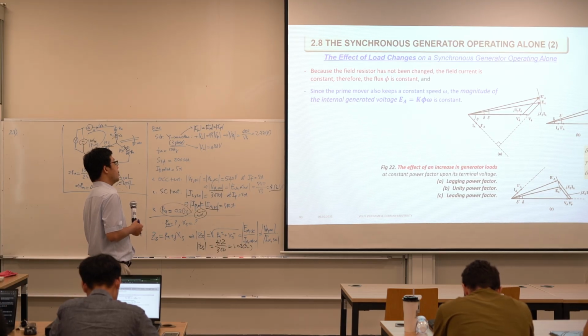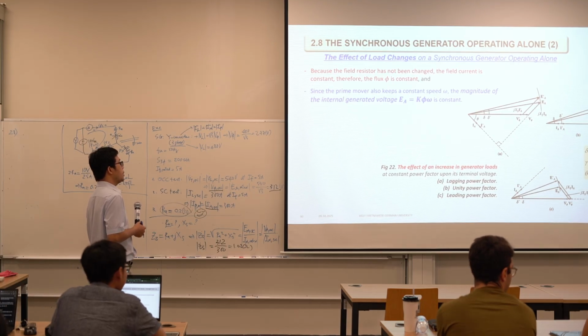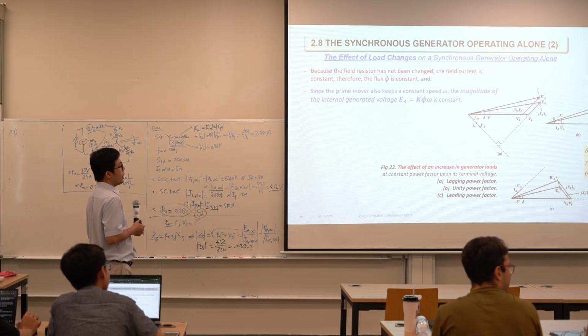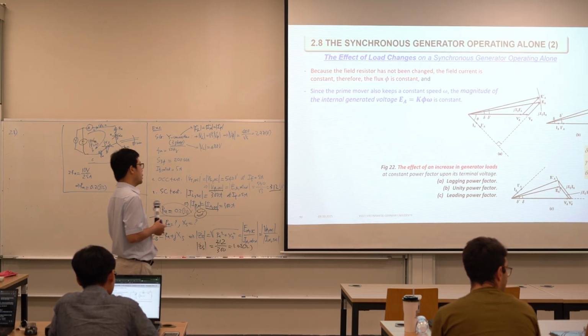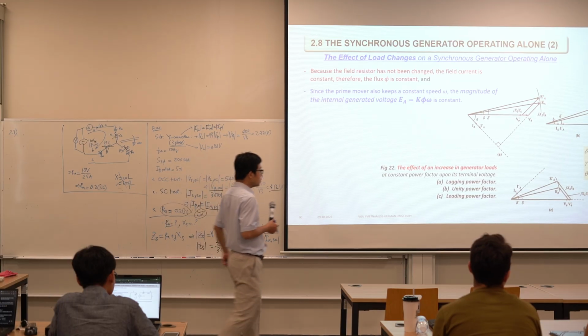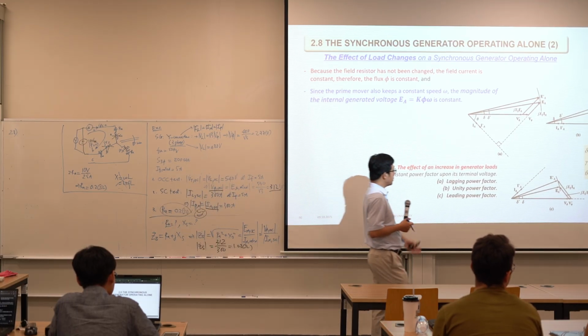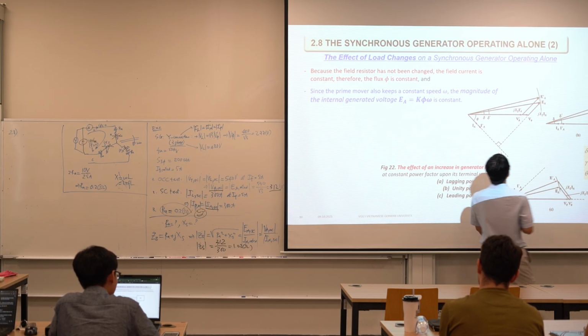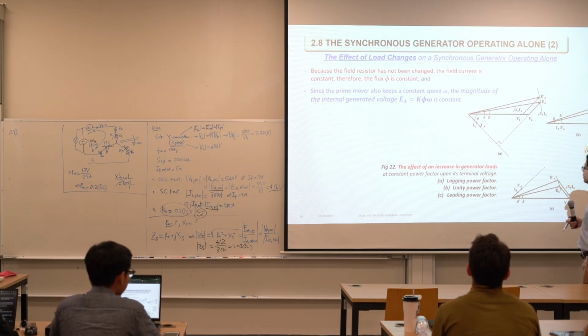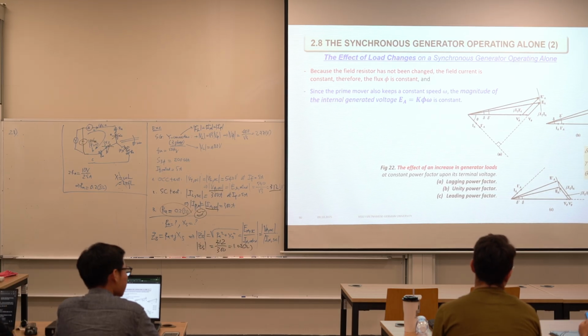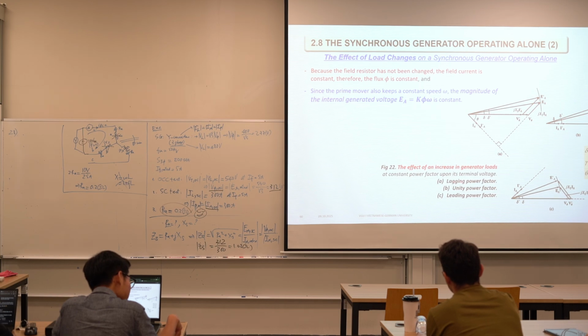And then we need to consider the phasor diagrams for different kinds of loads. We have three kinds of loads, right? So figure A, this one is lagging power factor.